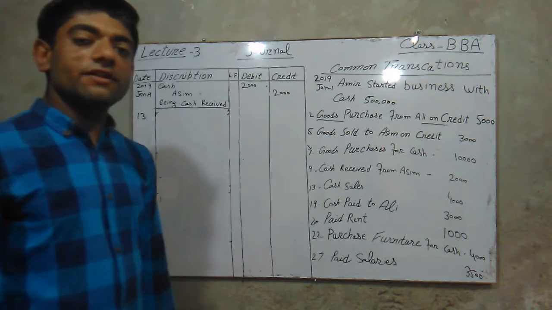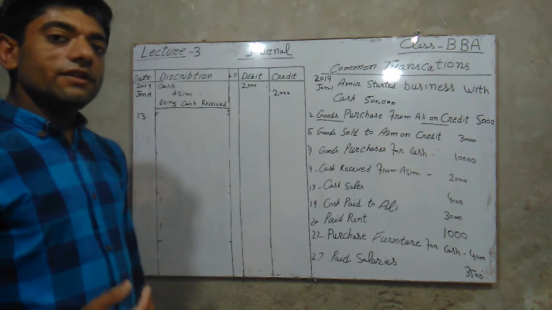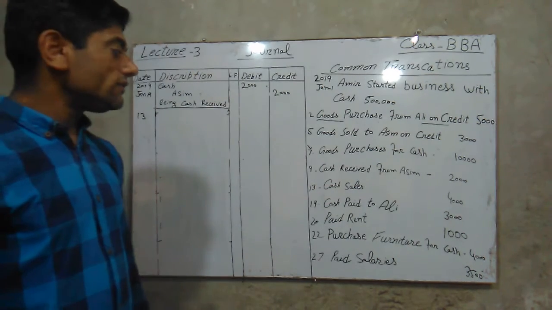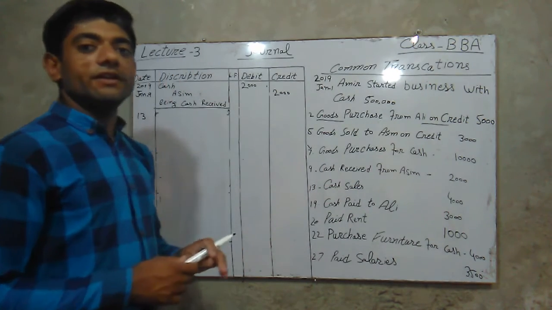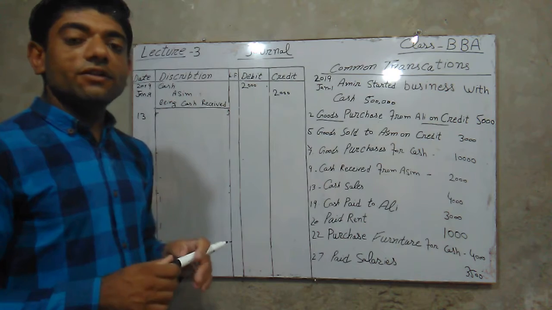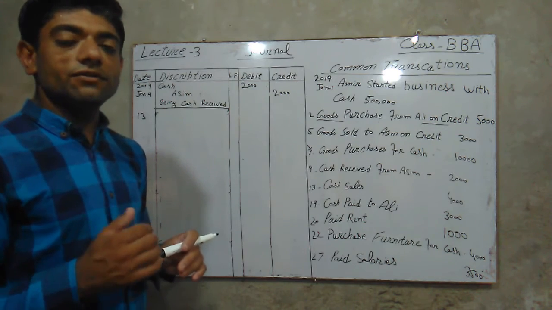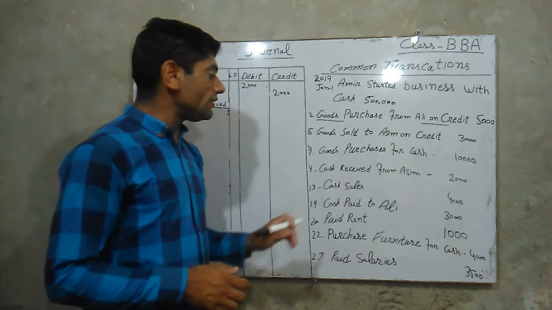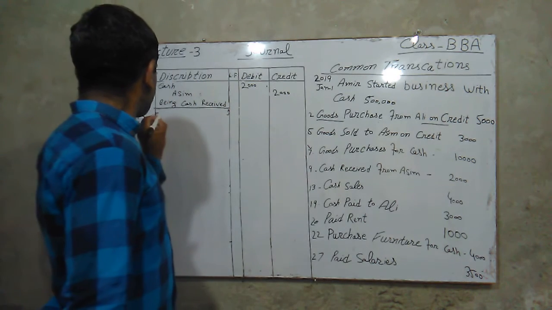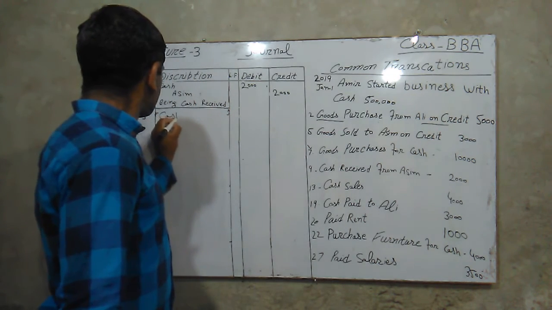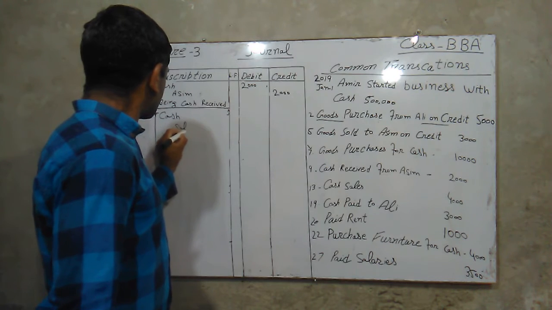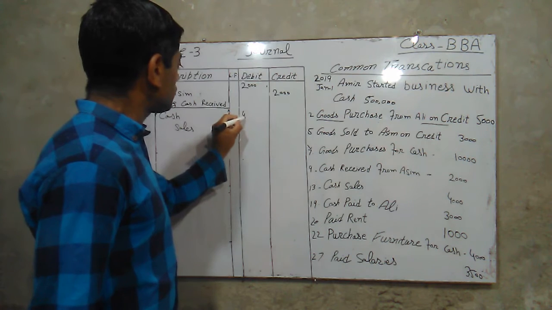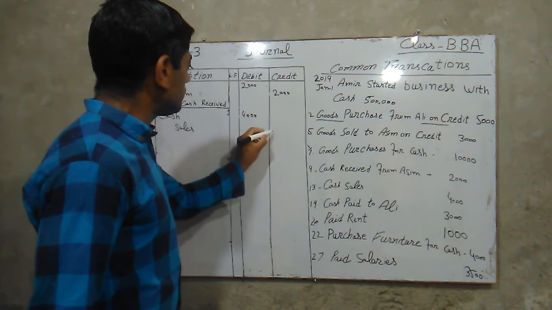When sales decrease, when there is a sales return, it is recorded as debit. Now sales increase, so it's a credit. Cash to sale 4,000.